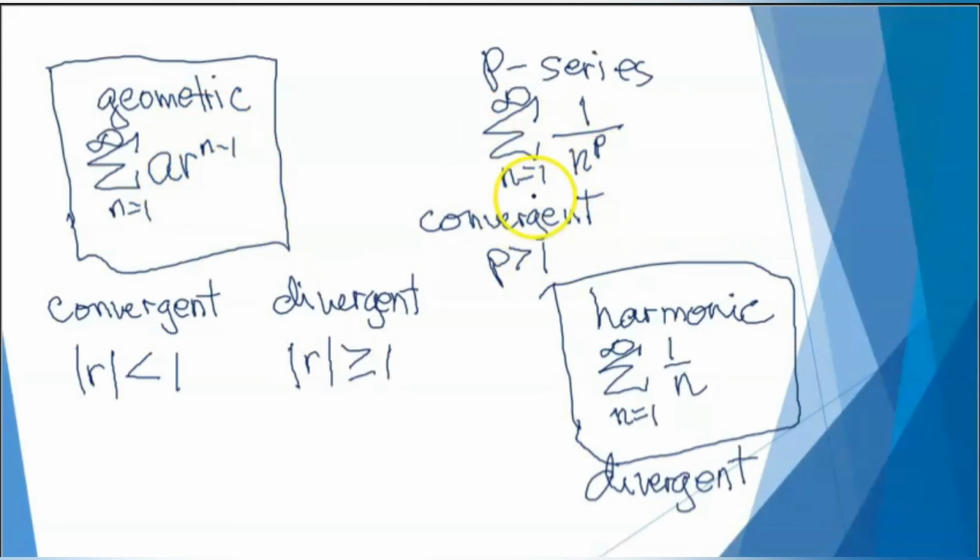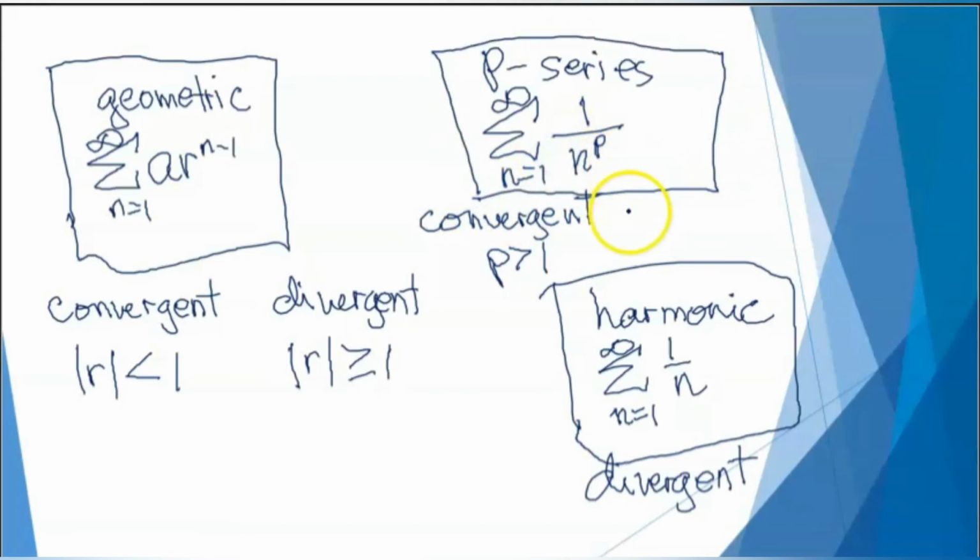For the case of p-series, you have to watch out for the value of p, which is the exponent in the denominator. And there are also cases when the p-series becomes divergent, and that happens if p is less than or equal to 1.